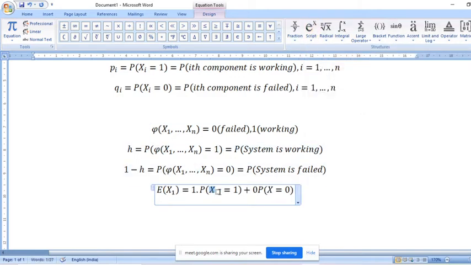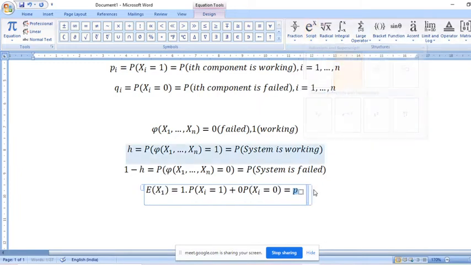So what will be the result? 1 into the probability of xi equal to 1, that is small pi, so 1 into small pi plus 0 into small qi, that means just pi only.